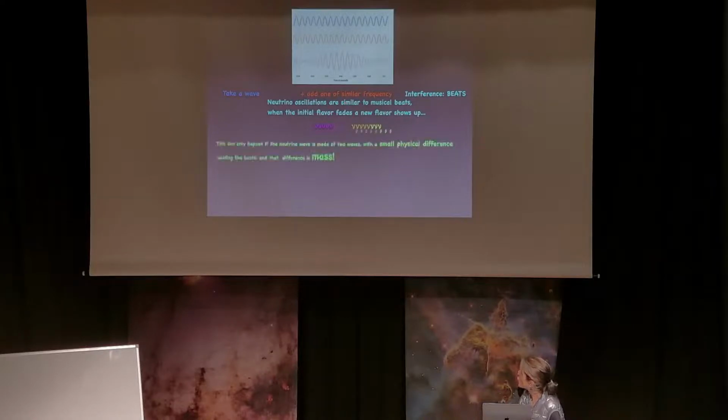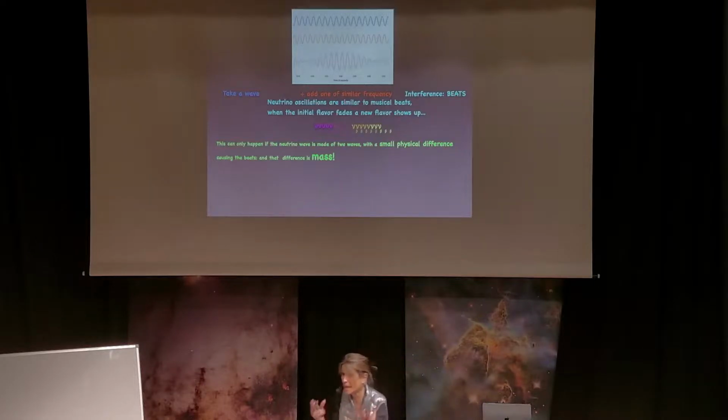Neutrino oscillations are the same, right? When one flavor fades, a new flavor shows up. And this can only happen if the neutrino is made of different waves, of two waves with a small physical difference, and that is mass, okay? So neutrinos are massive, okay?